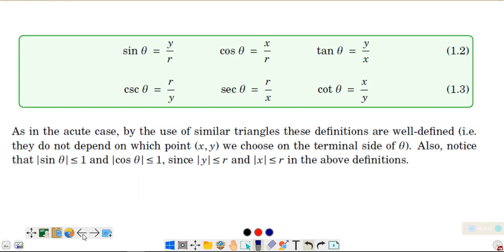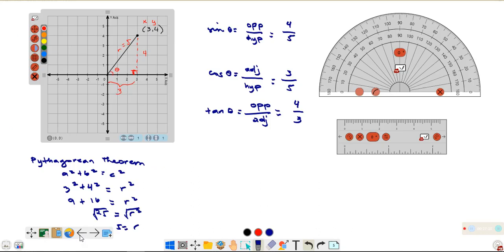Kung magkakaroon ka dito ng triangles na ang radius ay 5, tapos meron kang isang triangle na ang radius lang niya ay 1, pero parehas sila na nandun sa terminal side, these two will end up having the same trigonometric function values since they are similar triangles.